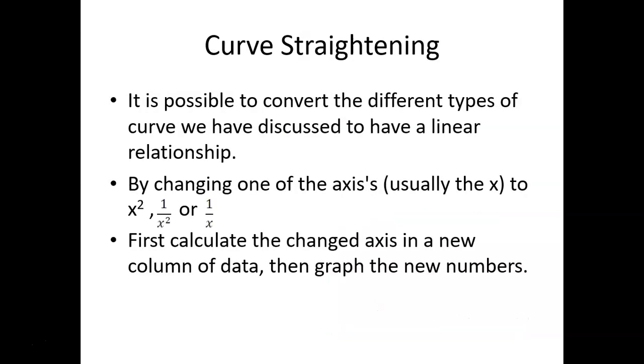So in order to figure out what type of relationship we have with some raw data, meaning we don't know if it is an x squared, x, 1 over x squared, 1 over x, or even if it is just linear, right? What we're going to do is calculate the change data in a new column of data and then graph the new numbers.